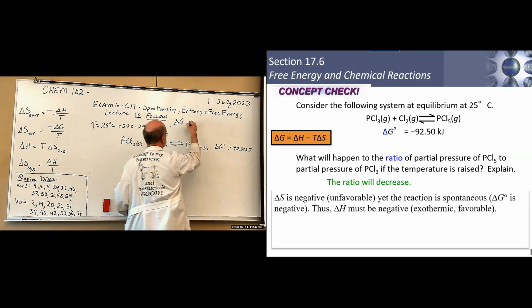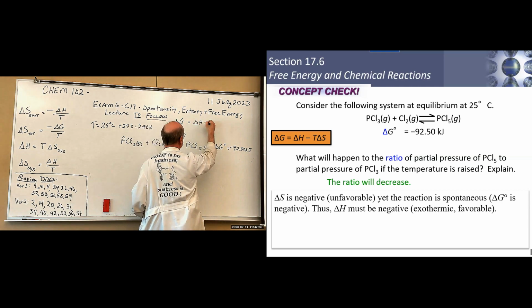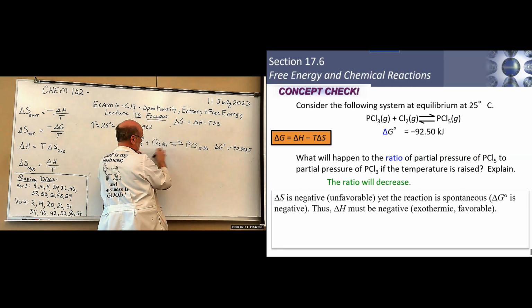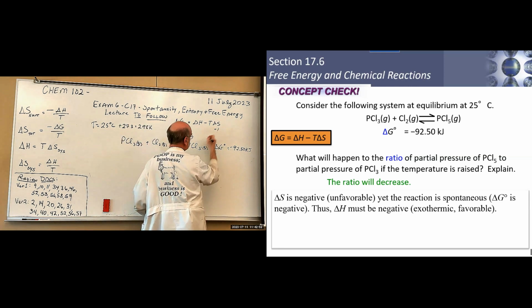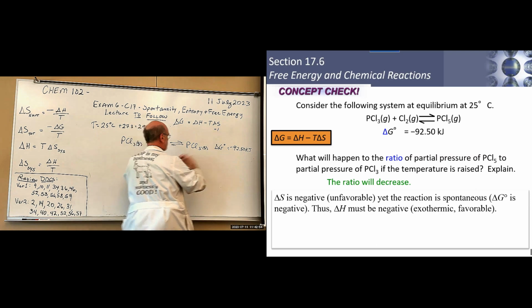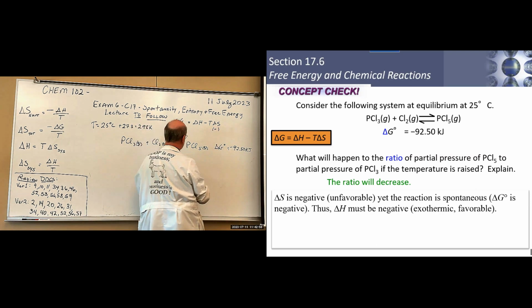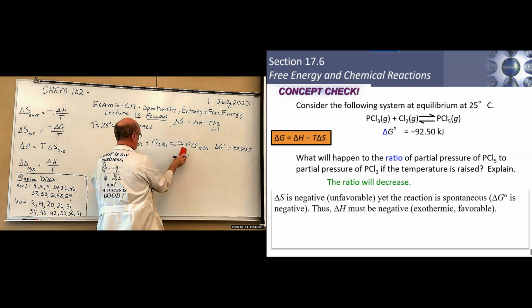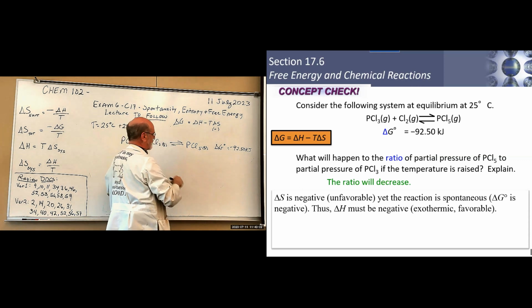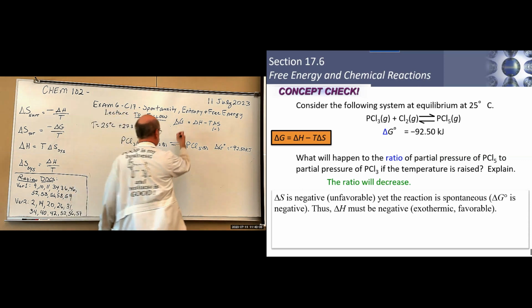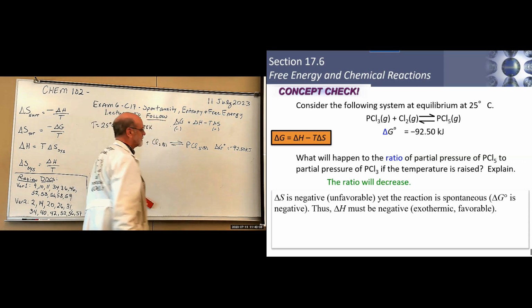Delta G equals delta H minus T delta S. And this is going to be a negative value because it's more ordered, 1 versus 2. Okay. Delta G is negative.